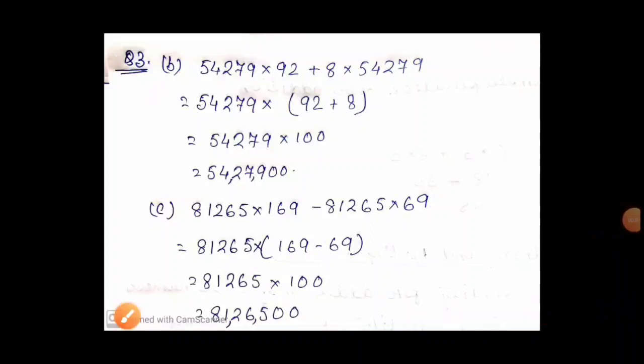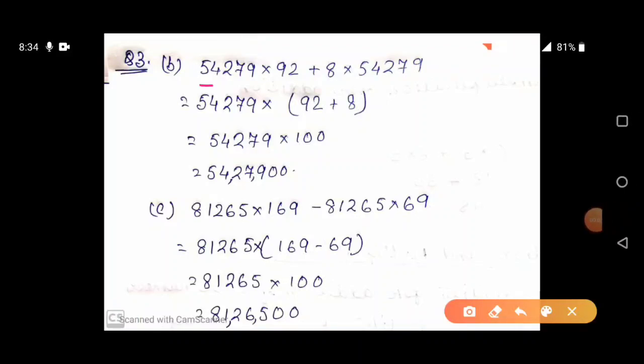So here it is given 54,279 into 92 plus 8 into 54,279. Now see from here, 54,279 is common for both of these, and inside the addition sign is given.